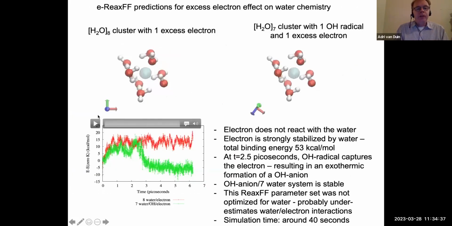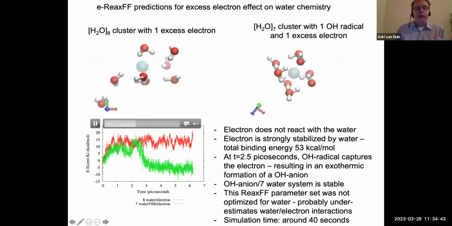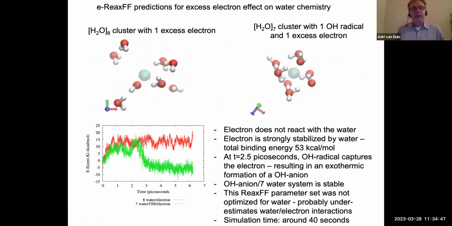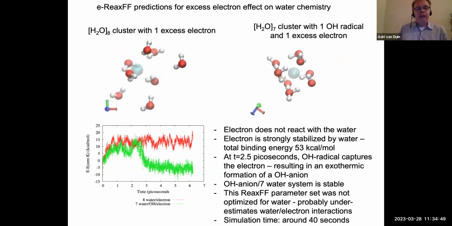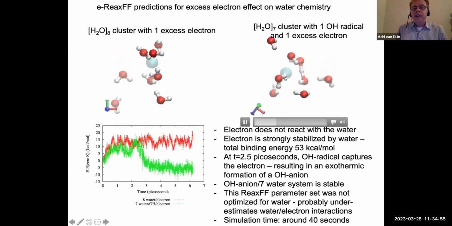Here's a nice example. This is an electron in water. The electron is a translucent blue sphere we find in water. This is non-reactive. The water molecules solvate the electron, but they don't absorb it, because water has a negative electron affinity. However, if I replace one of the water molecules with an OH radical, we see in a short amount of time the electron finds the OH radical and makes an OH minus.